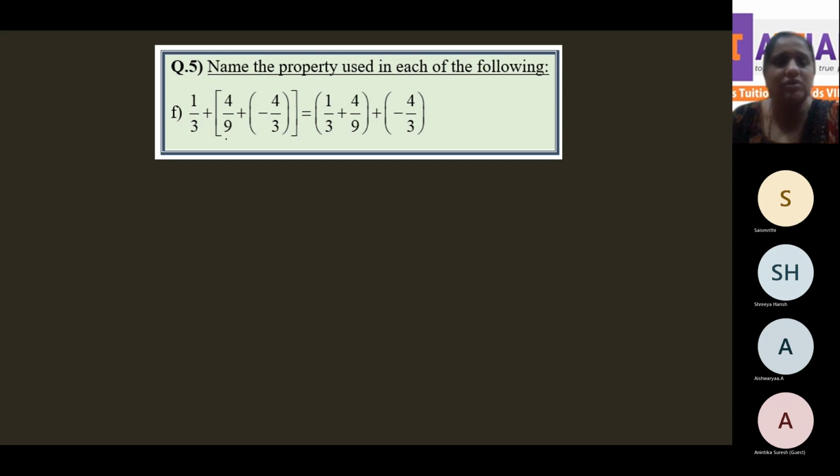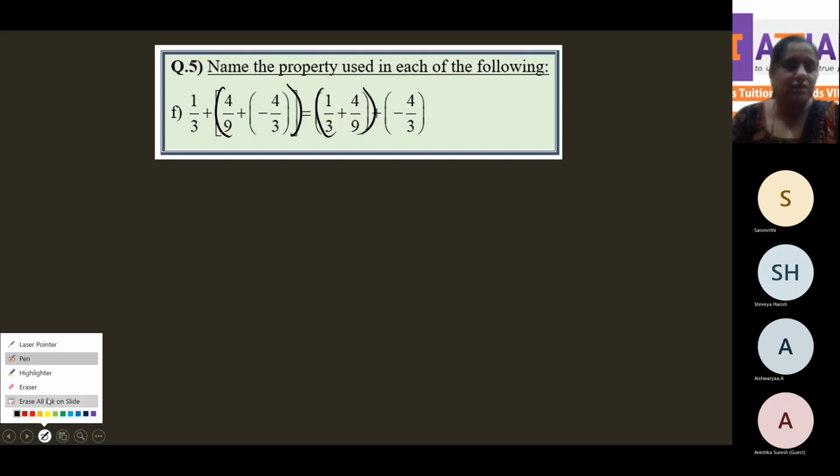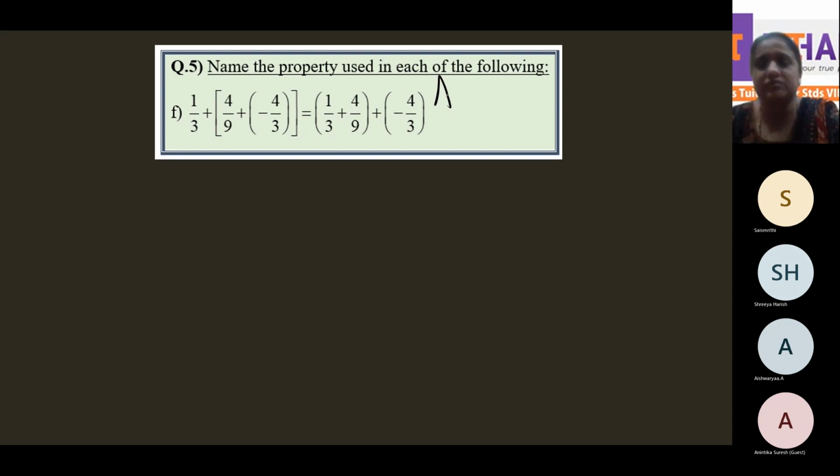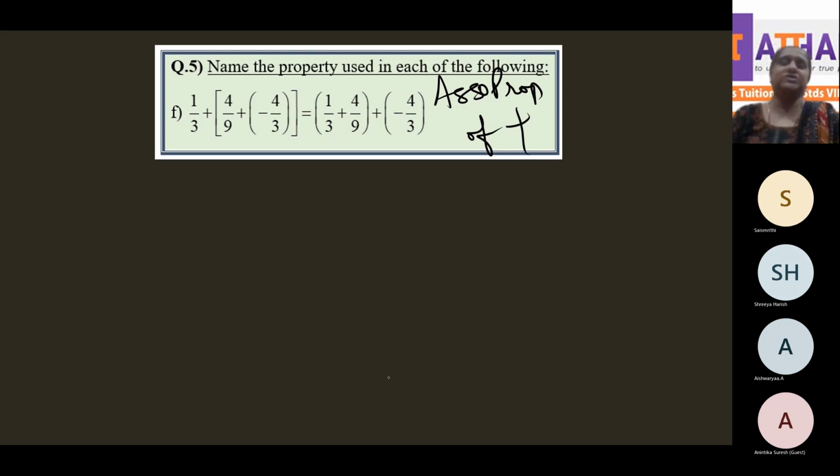Here, these two numbers are grouped, 4 by 9 and minus 4 by 3. But here, 1 by 3 and 4 by 9 are grouped. Perfect. Associative property because there are three different rational numbers, and it's of addition because you can see the plus sign.